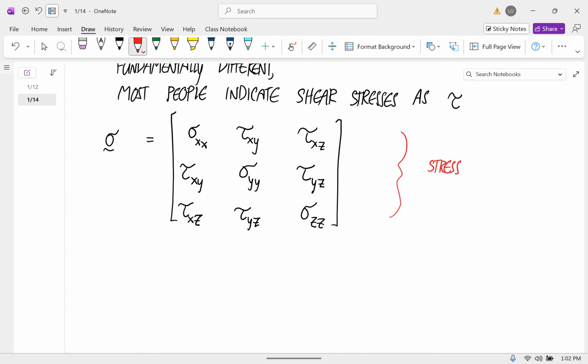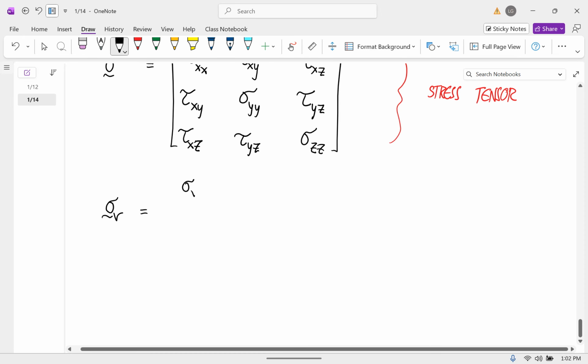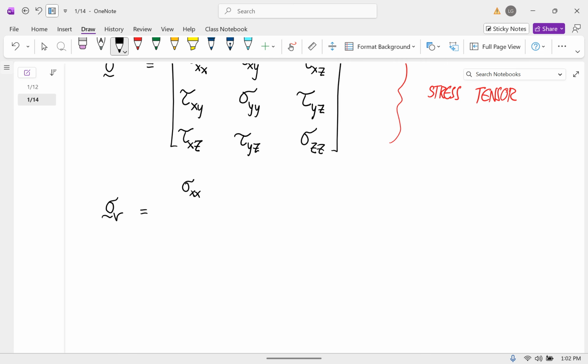We're also going to often want to represent this in a form called the Voigt form. To represent this stress tensor in its Voigt form, you would give it as sigma xx. So we'd first do the three normal stresses. And then we'll do the shear stresses in, if you think about the order you would expect for the shear stresses, we're going to do it in the exact opposite.